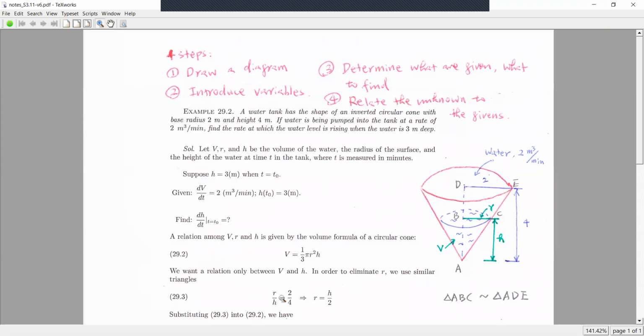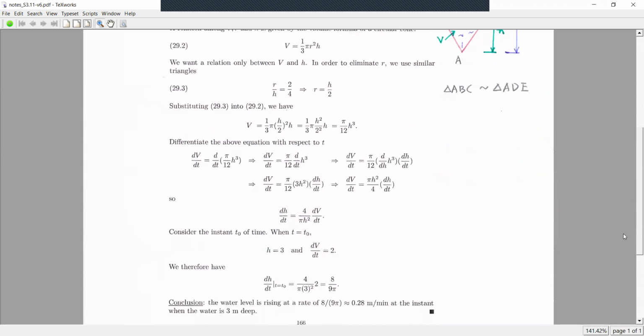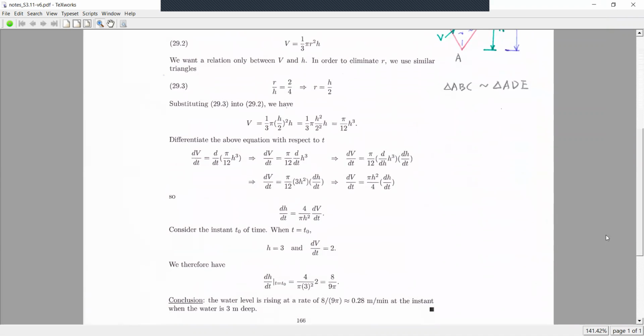From this equation, we then have R is H over 2. Plug in H over 2 for R, then R is gone from this equation. Then we have a relation only between V and H. The relation is V is equal to pi over 12 times H to the third.